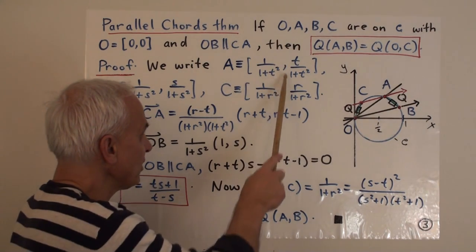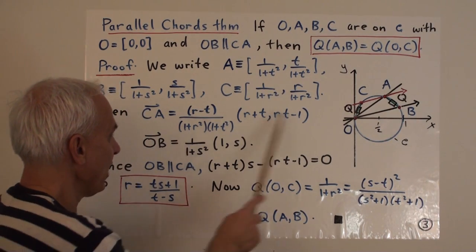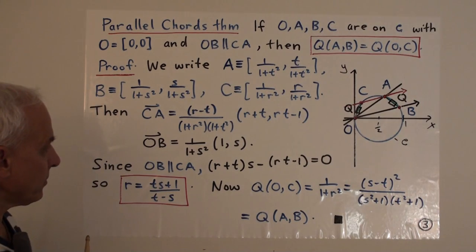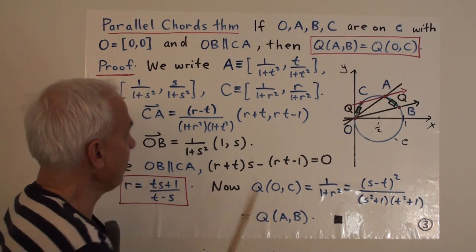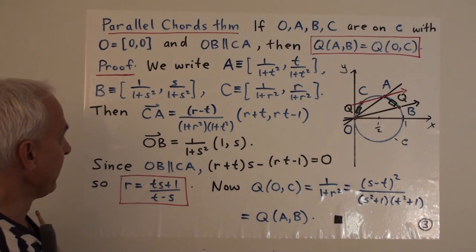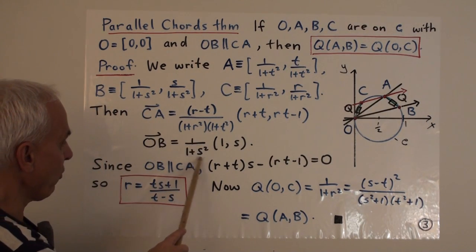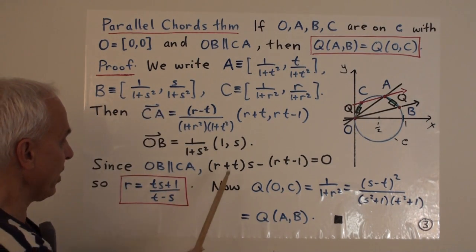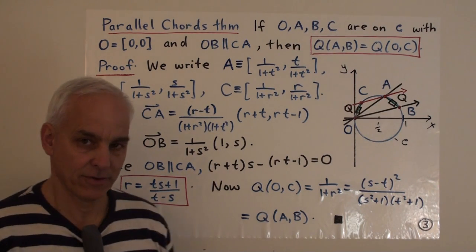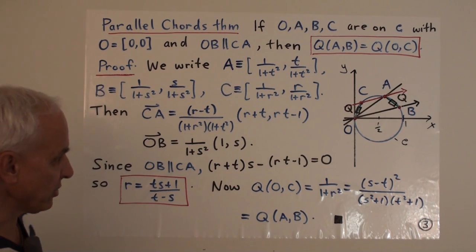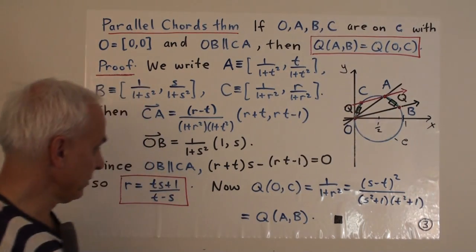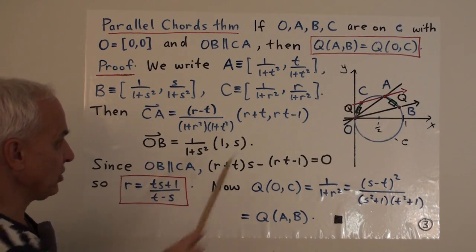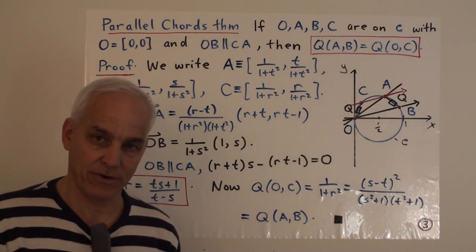If you just take the difference between these 2 points, you're going to get this vector. The vector OB is simpler because O is the origin, B is that point there. So we can write that as 1 over 1 plus s squared, take that common factor out, times the vector (1, s). All right, so if we're assuming that OB and CA are parallel, well, it means that these two vectors are multiples of each other.